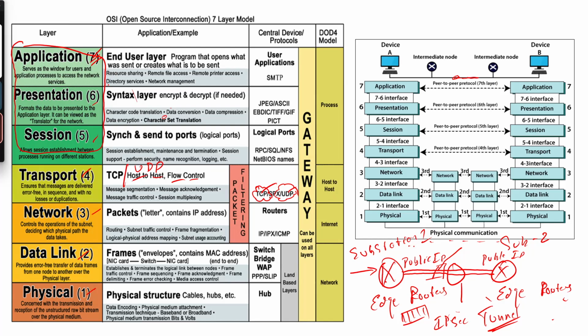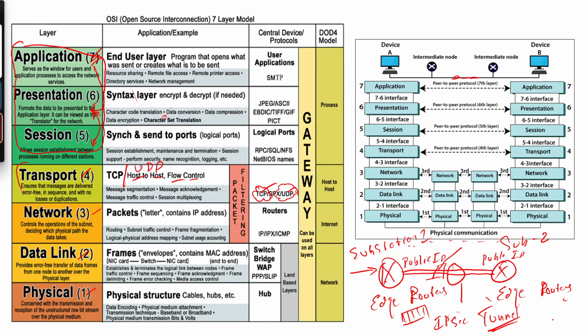Then it will prepare what exactly you need in the presentation layer, and then it will create sessions from the server to the client or the host. Once this session is established between the two devices, you can transmit the actual data, right?